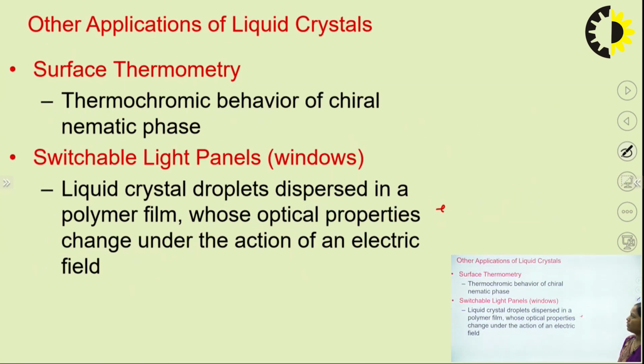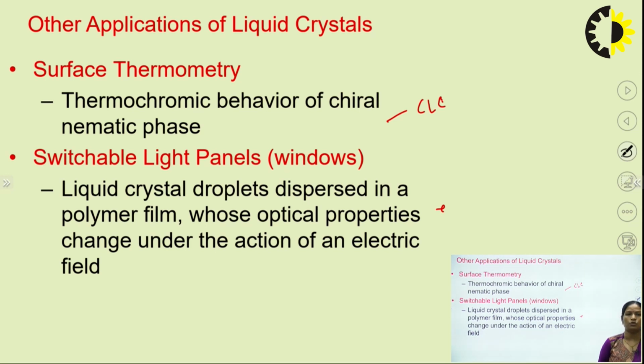Some other applications of industrial liquid crystals are surface thermometry, thermochromic behavior of chiral nematic liquid crystal, which is again known as cholesteric liquid crystals. And one more is the switchable light panel, with liquid crystal droplets dispersed in a polymer film whose optical property changes under the action of an electric field.